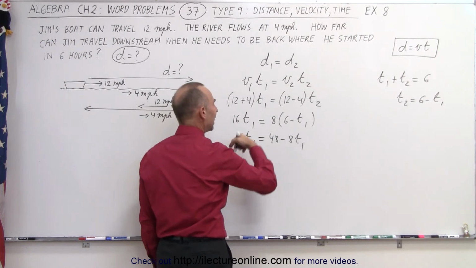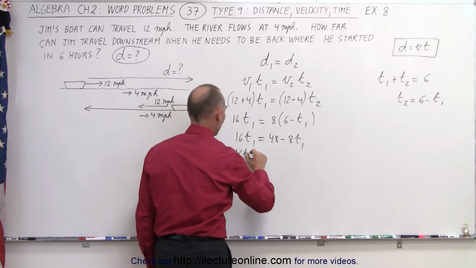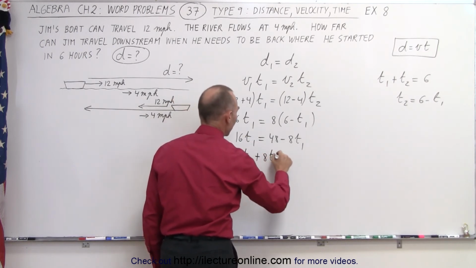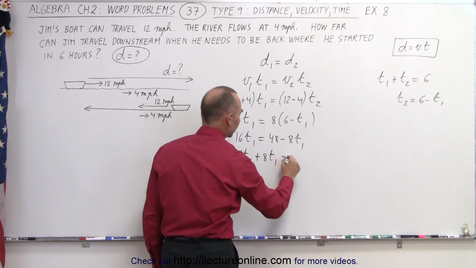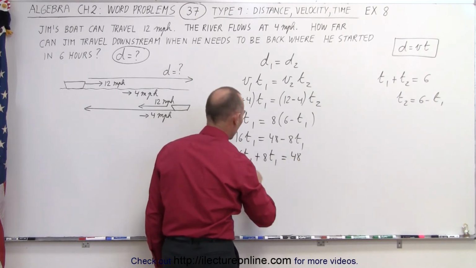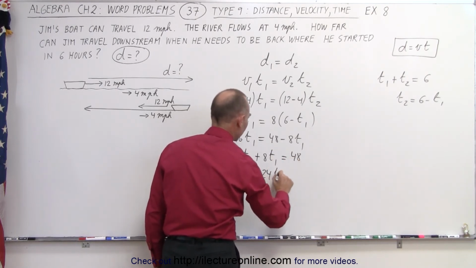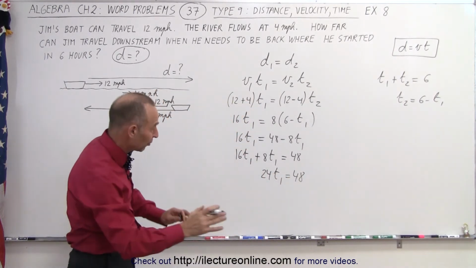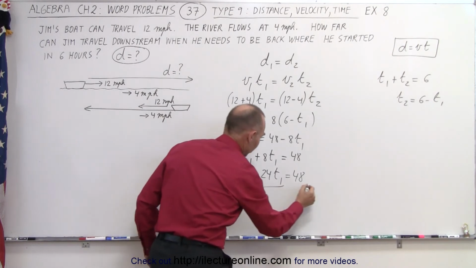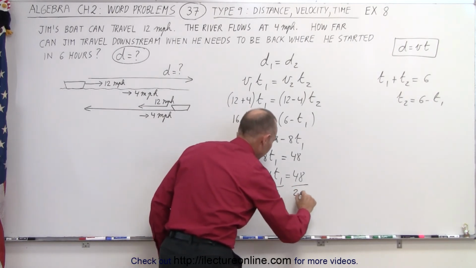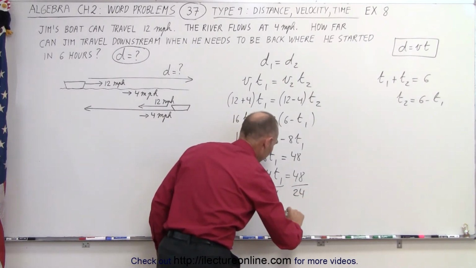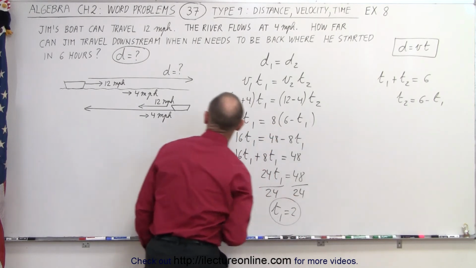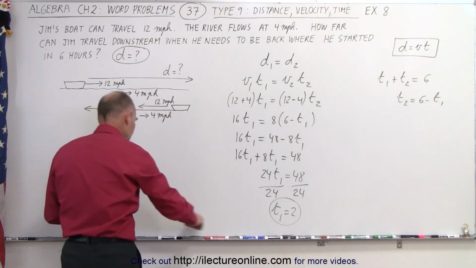Now moving the 8t1 over, we get 16t1 plus 8t1 because the sign changes when we cross the equal sign, equals 48, or 24t1 equals 48. Now all we need to do here is divide both sides by the numerical coefficient of t1. And so we have t1 is equal to 2. In other words, t1 is equal to 2 hours.